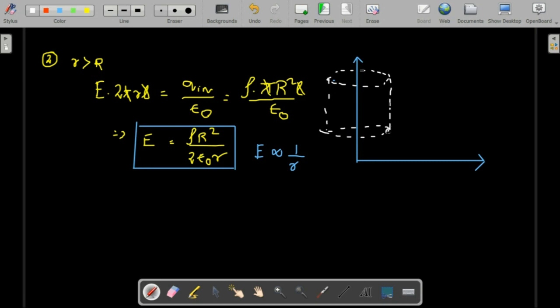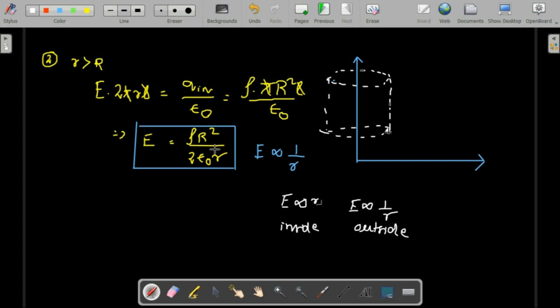Till this point it's inside, and then it is outside. For inside, E is proportional to R, and for outside E is proportional to 1 by R. This is my inside, this is my outside.